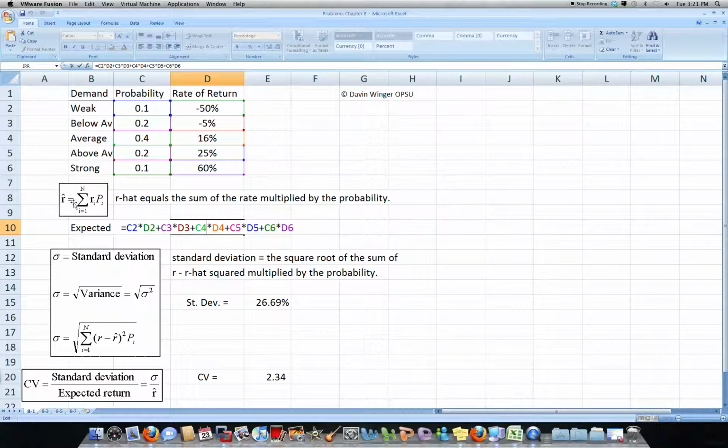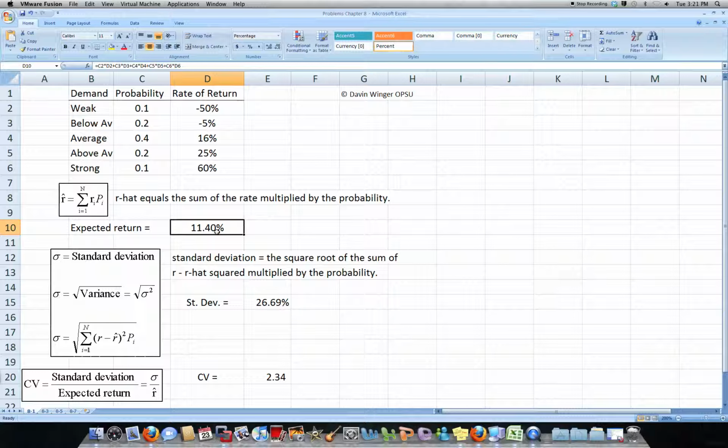Plus the probability times this rate of return, plus C4, or this probability, times its rate of return, plus the probability times its rate of return, and for the strong also, which is C6 times D6. You multiply and then add all those up, and you get an expected return, which is just a weighted average, of 11.4%.